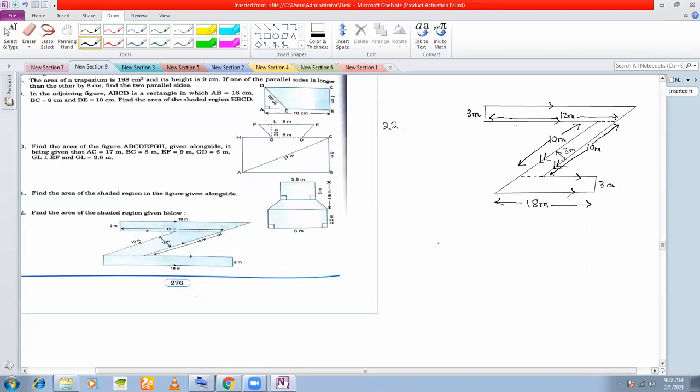The question is to find out the area of this figure. First of all, what you must realize is that this figure consists of this trapezium, it consists of this parallelogram, and it consists of this trapezium.